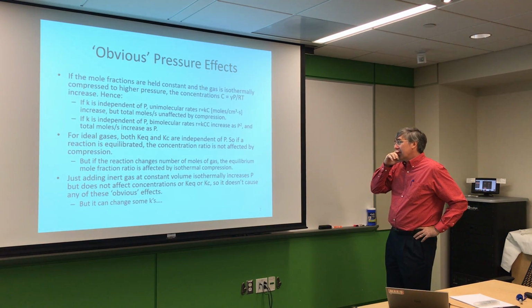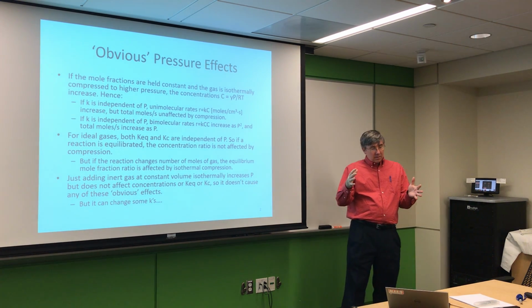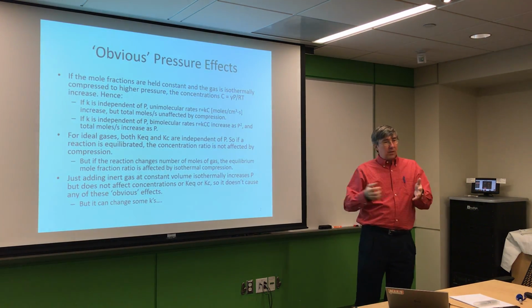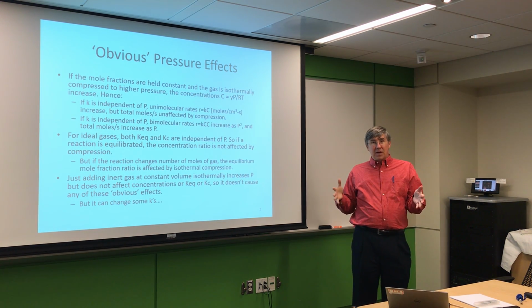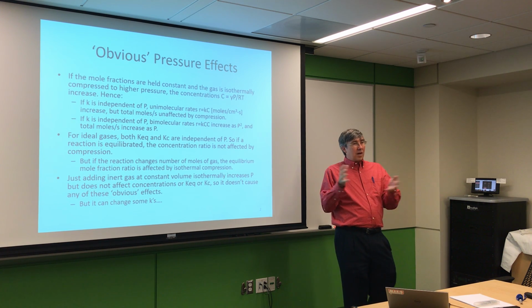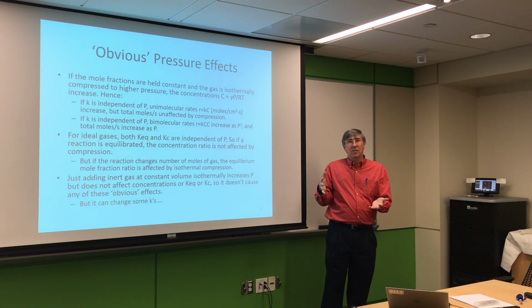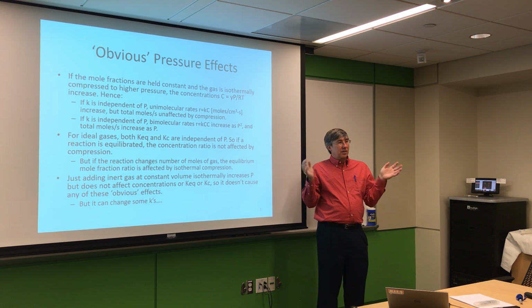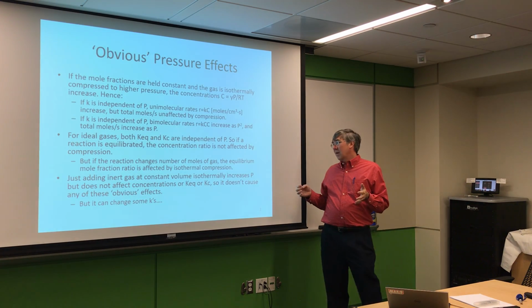All right, and then if you have some sample of gas in your vessel and it's isothermal, and you just squirt in some more helium, the pressure definitely goes up, but all the concentrations don't change because you still have the same number of moles of everything in the same volume. And so to zeroth order, nothing happened by adding a bunch of helium. Okay?